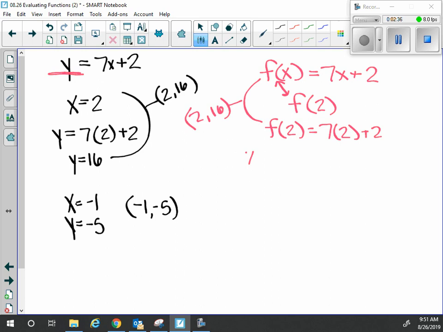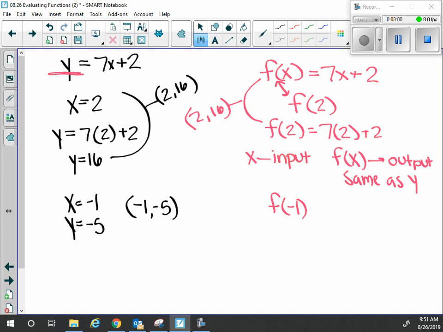So x is my input, and f of x is my output, or y. Same as y. So if I said f of negative 1, would I get the same scenario that's over here?